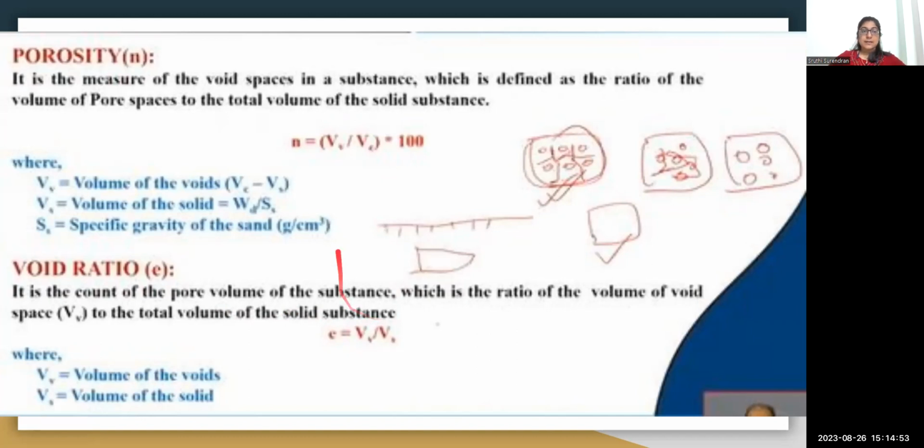So e is equal to the volume of the pores divided by the volume of the soil particles, whereas porosity is equal to the volume of the pores by the total volume of the soil, which will also include the volume of the solids.